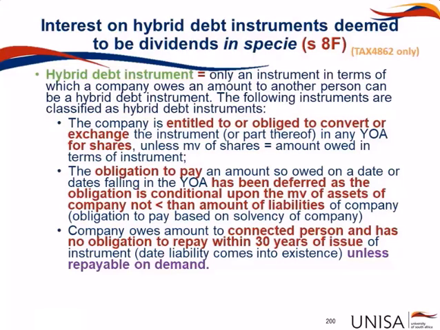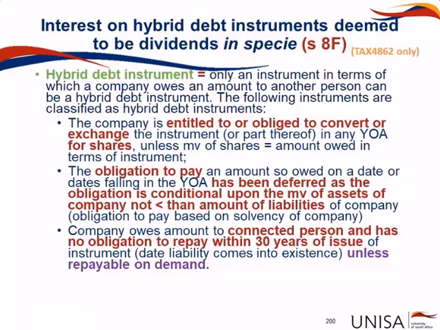The following instruments are classified as hybrid debt instruments. The company is entitled to or obliged to convert or exchange the instrument or part thereof in any year of assessment for shares. However, what will not be a hybrid debt instrument is where a debt instrument is exchanged for shares and the market value of the shares is equal to the amount owed, because then that would just literally be a swap of the debt instrument for equity instruments.